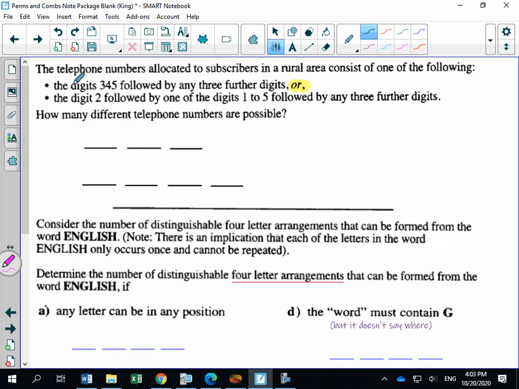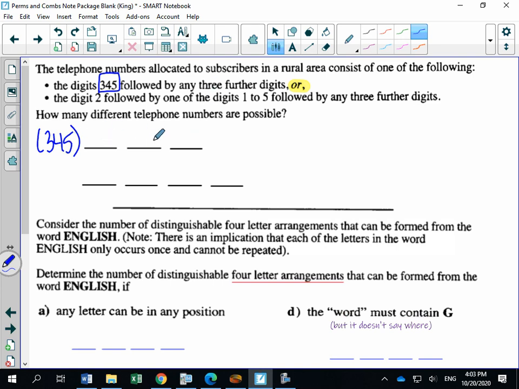So it's going to be this or it's going to be this. The first thing are the digits 3, 4, 5 followed by any 3 further digits. So everybody is going to start with the digits 3, 4, 5. So everybody gets that, and then that's going to be followed by any 3 further digits.